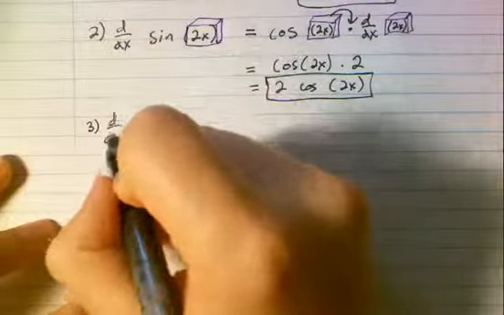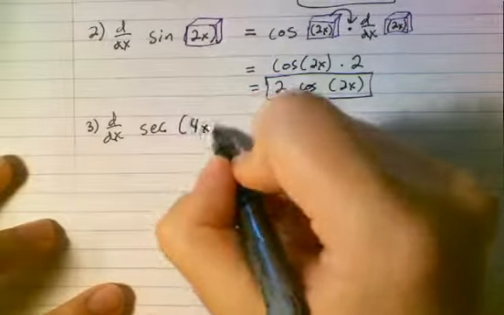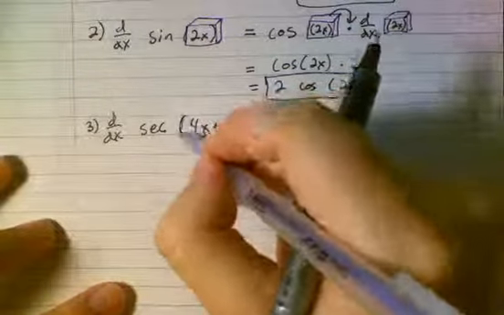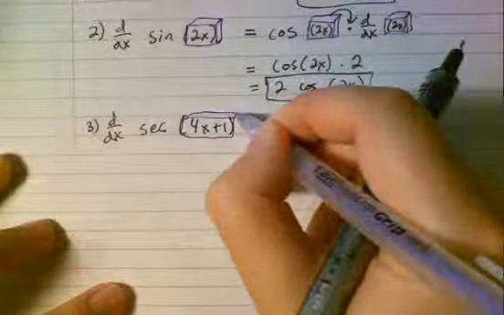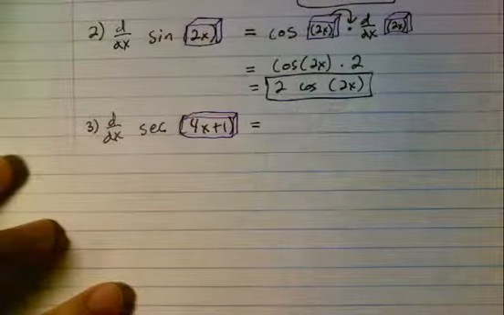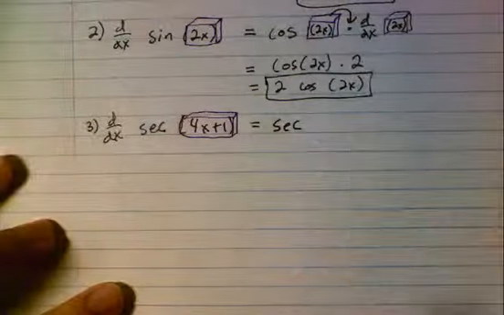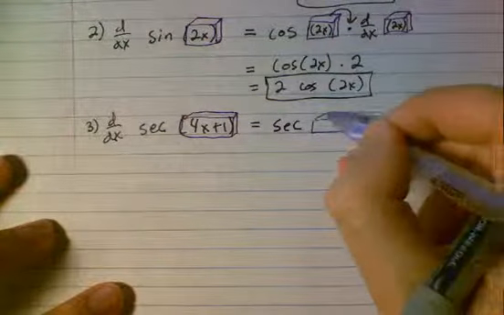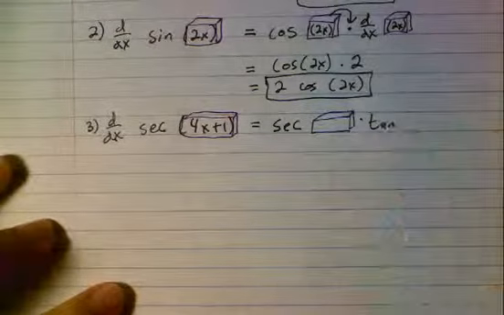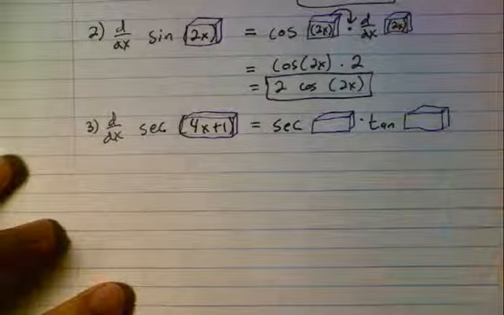So if we say that we're doing the derivative, let's say of secant 4x plus 1, as soon as we see that trigonometric function, there's our box. We know that secant, the derivative is secant times tangent of whatever's there. So we've got secant of the box times the tangent of the box.